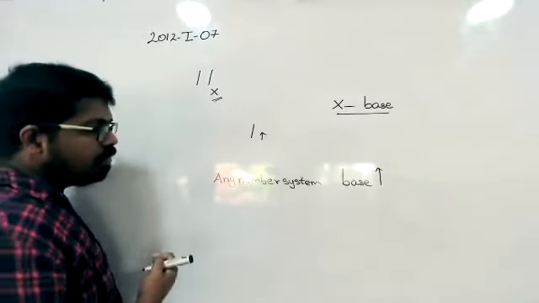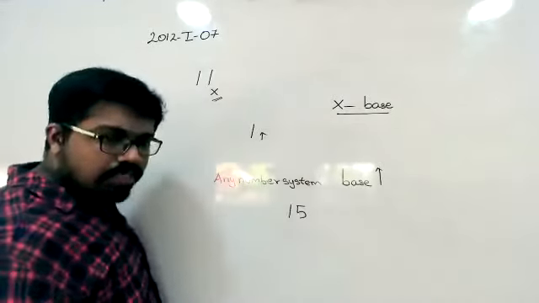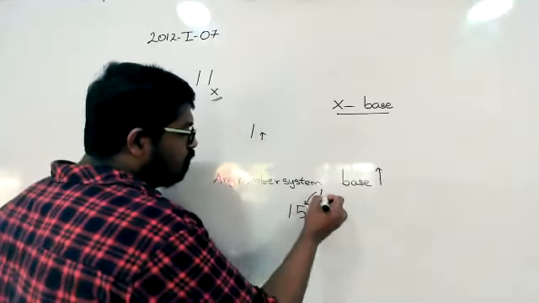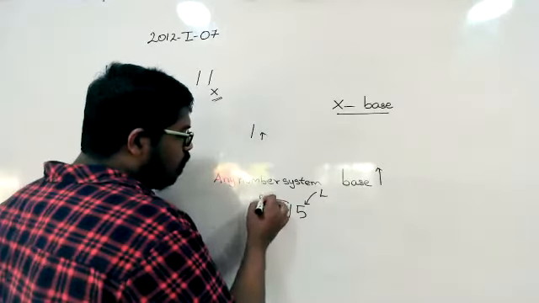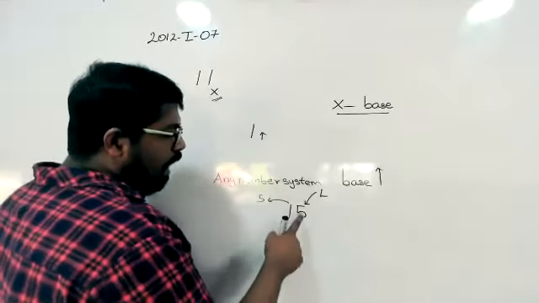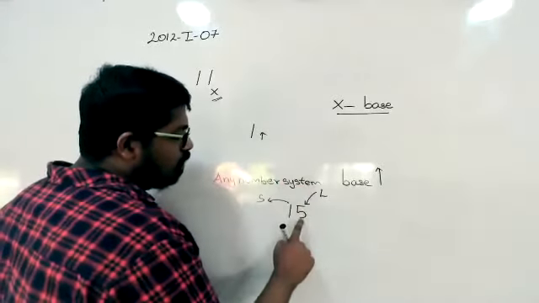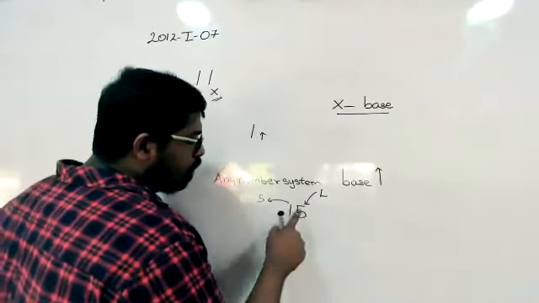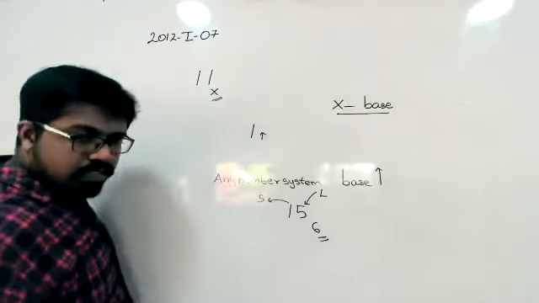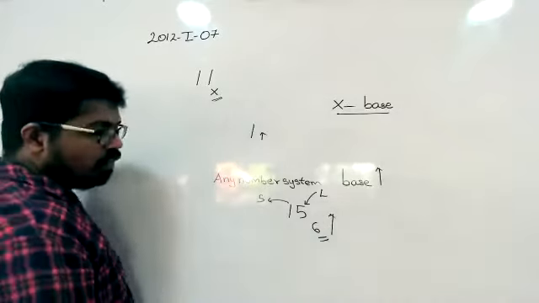For example, when I have 15 as a number, 5 is the largest unit and 1 is the smaller unit. So the base must be at least greater than the largest number by 1. The largest number is 5, so the base must be 6 or greater than 6.